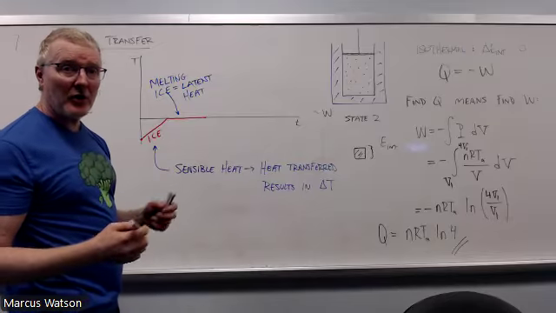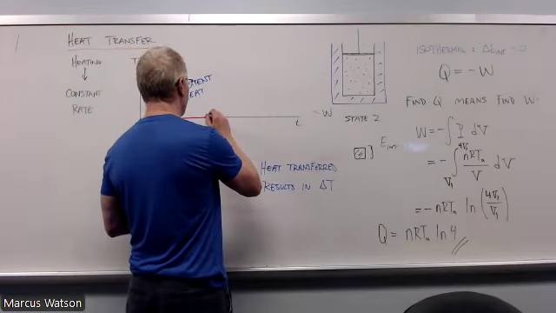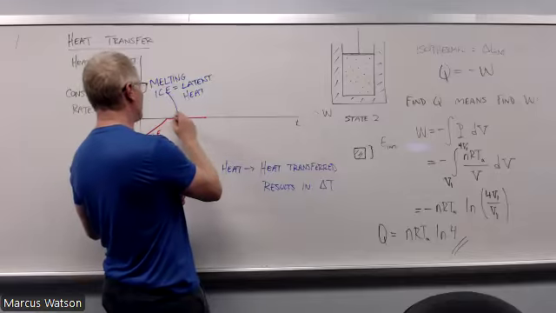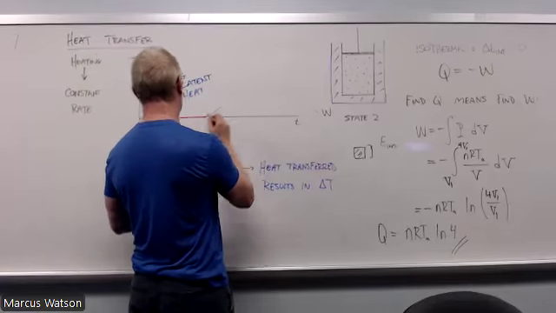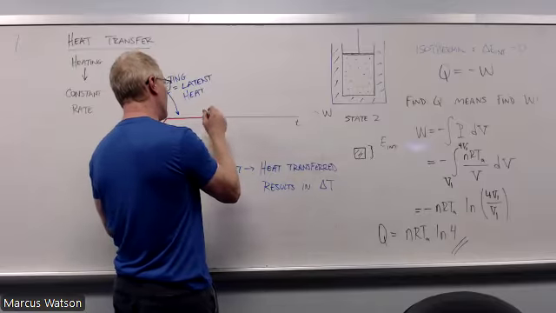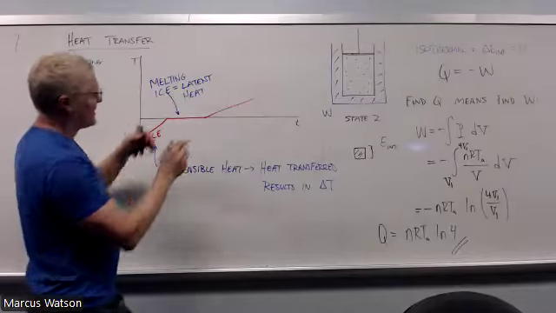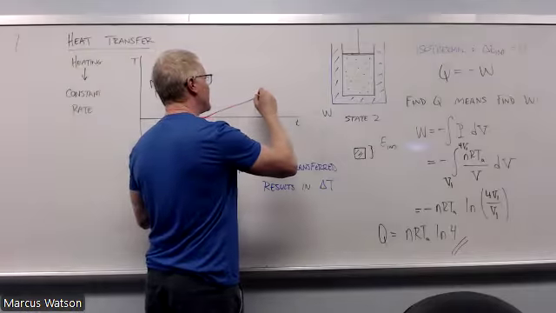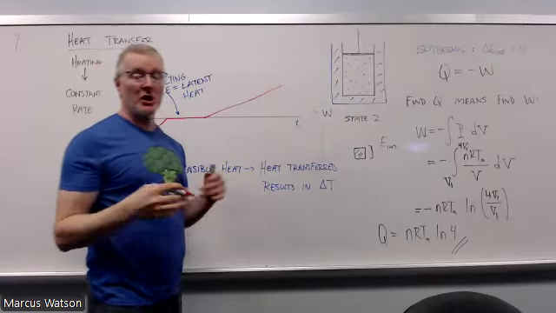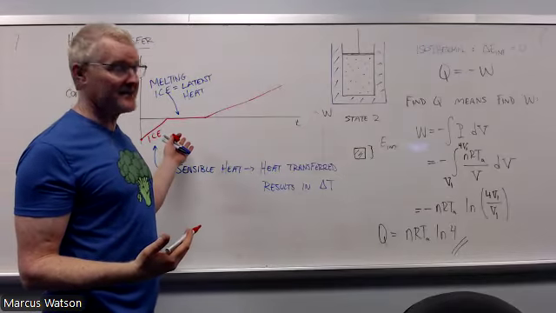After I melt all the ice and it becomes all liquid, I then continue to heat it up. I am going to find that the slope is more shallow than that, so I'm not going up at this angle, which is what I started doing. I'm going to go up at this angle like that. The liquid heats at a much slower rate than the solid does.